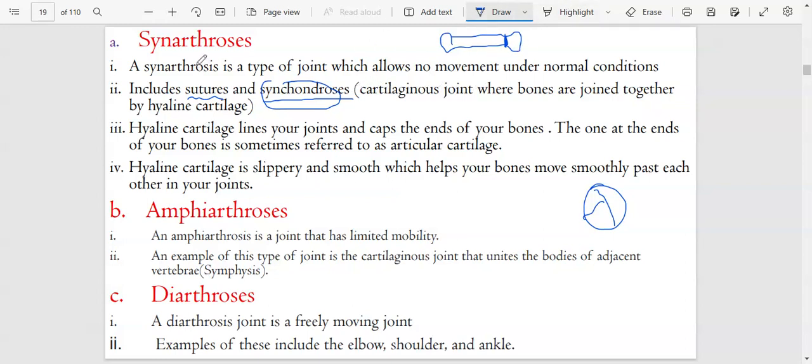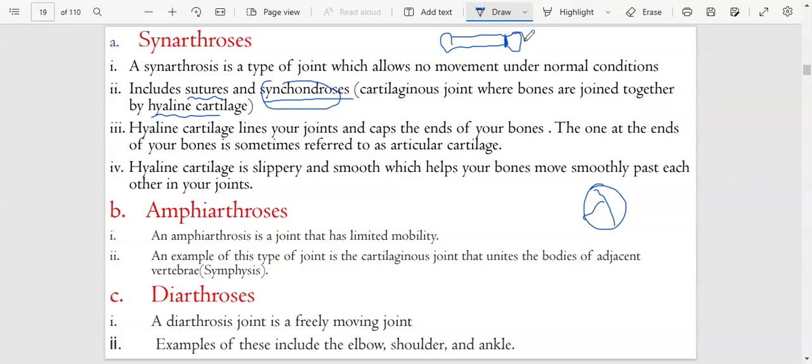Now we are saying a synostosis joint cannot allow movement, right? And we've mentioned that examples are sutures and the synchondrosis, which is a cartilaginous joint where bones are joined by hyaline cartilage. What is hyaline cartilage? Hyaline cartilage is a cartilage that lines your joints and caps the end of your bones.